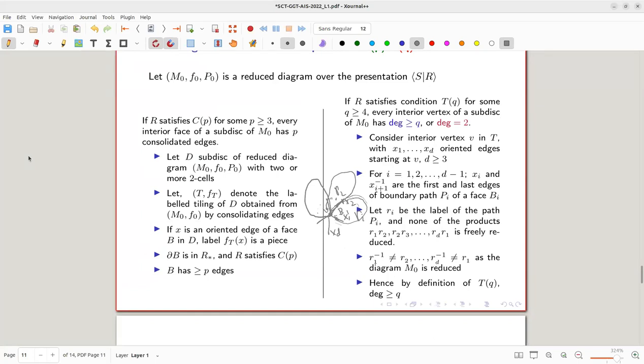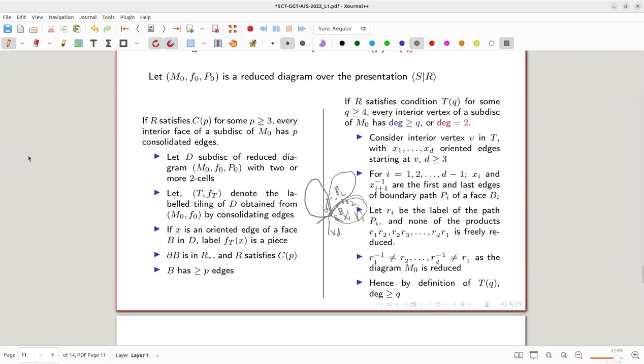Right. Is that clear? So none of them are freely reduced because they are consecutively related. Those faces B1, B2, BD are all put together at one vertex. They are all neighboring, consecutively neighboring, right?